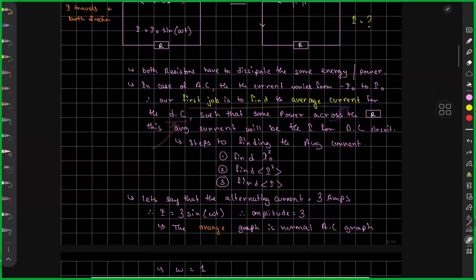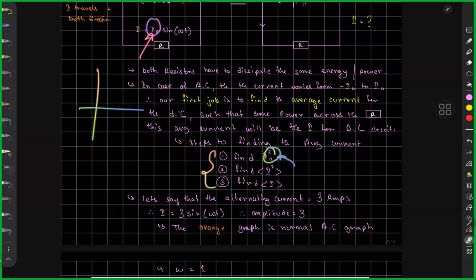There are a few steps. There are three main steps. I will find the I naught square value. You see this I naught, max current in an alternating current situation. I will find the I naught square value. Then I will find the mean square value, and I'll show how we do this.